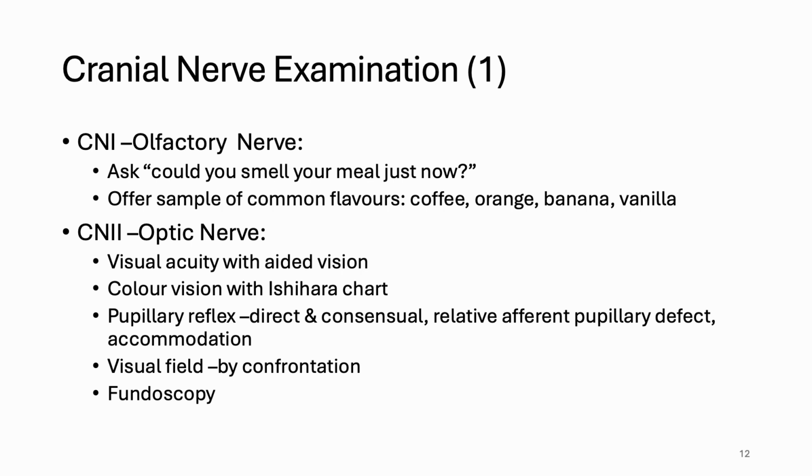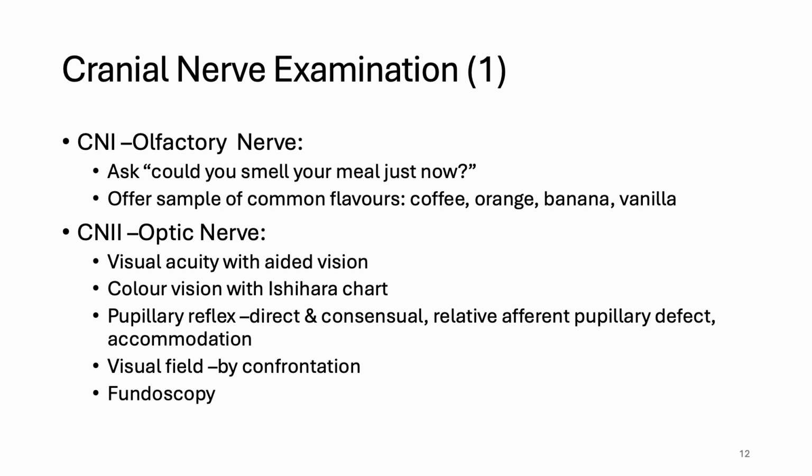flavor. For cranial nerve 2, the optic nerve, you should start by assessing the patient's visual acuity with aided vision using a Snellen chart. Next, you will check the color vision using the Ishihara chart. Following that, you will assess the pupils by checking the direct and consensual pupillary reflex.